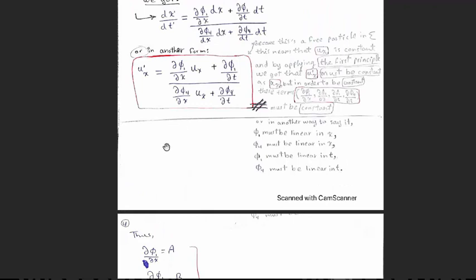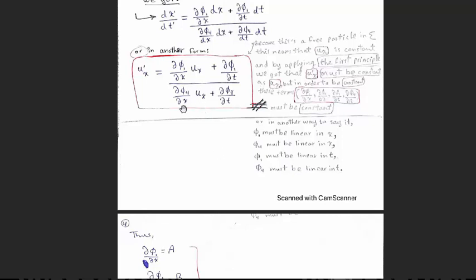Here's the point: these terms are constant in our experiment, but they might be a function of the relative velocity. We are talking right now about two frames, sigma and sigma dash, moving relative to each other, and this relative velocity is constant.